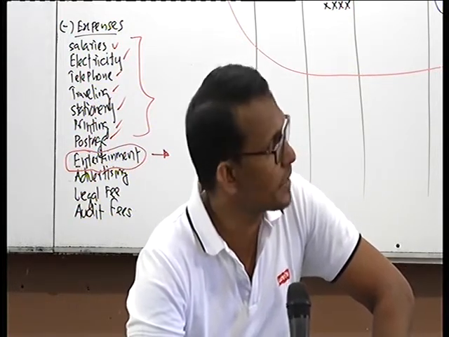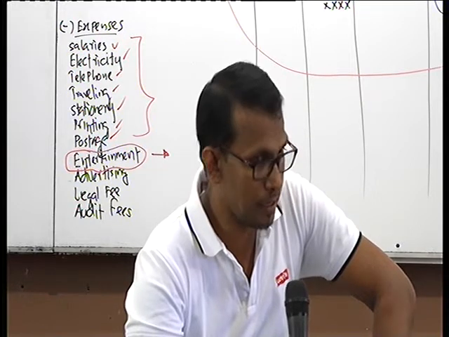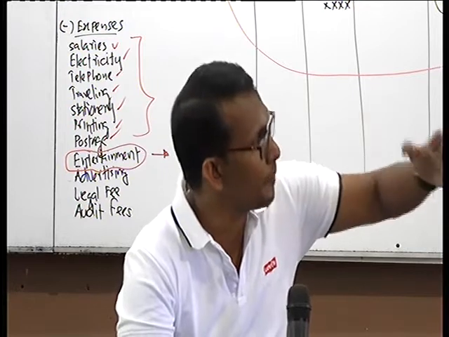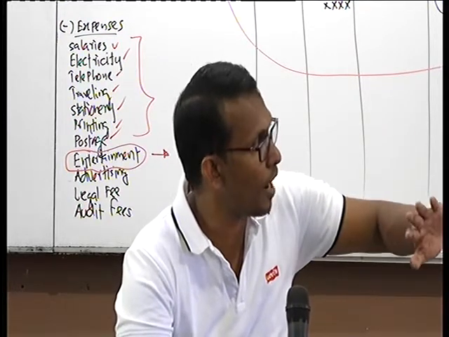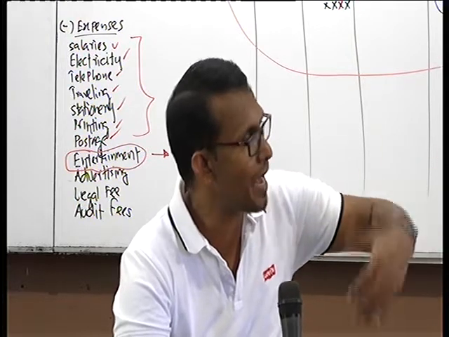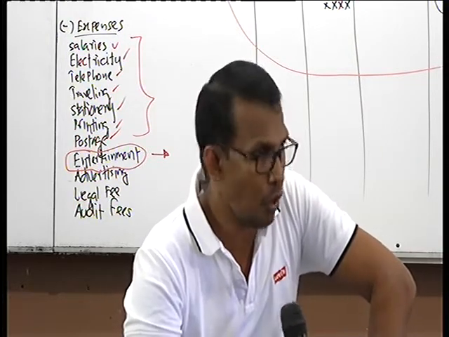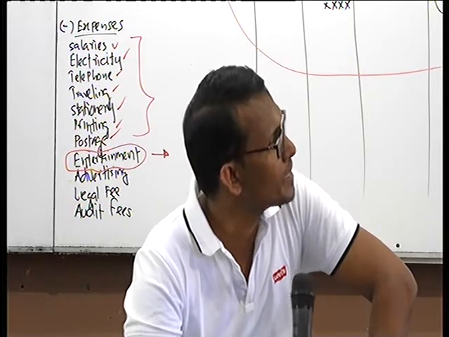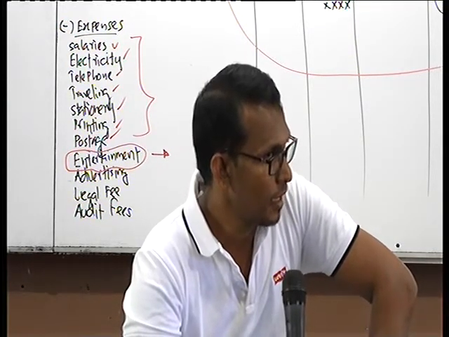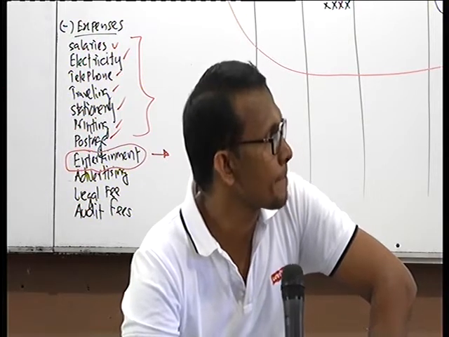And when you purchase an asset like property, plant and equipment, cash is going out, but there is no corresponding expenditure; you will have an asset. So always remember, every payment is not an expenditure.